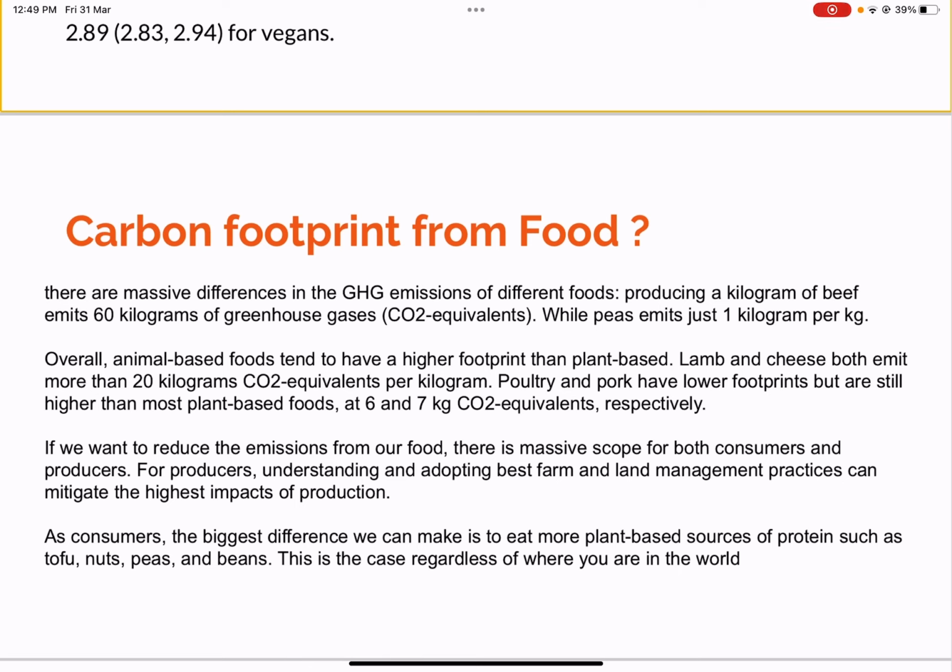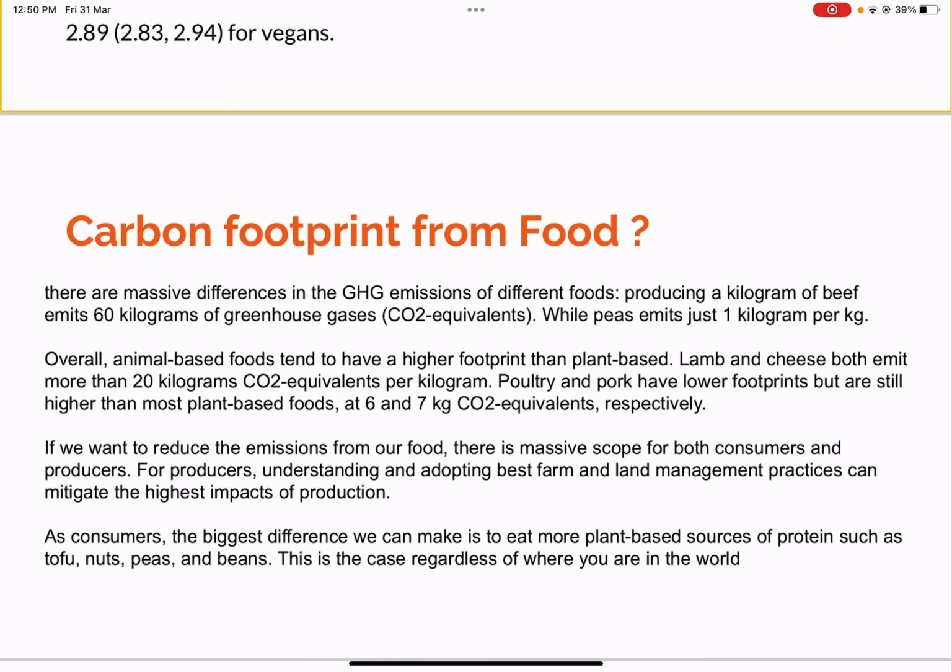Poultry and pork have lower footprints, but still they tend to be higher than most plant-based foods. They are 6 and 7 kgs of CO2 equivalent respectively. So if you want to reduce the emissions from our food, then the consumer has to move towards a plant-based diet.